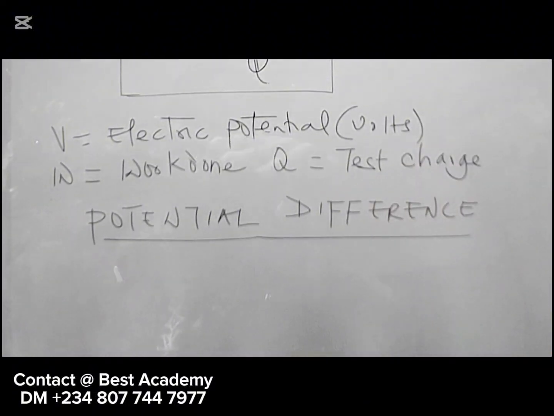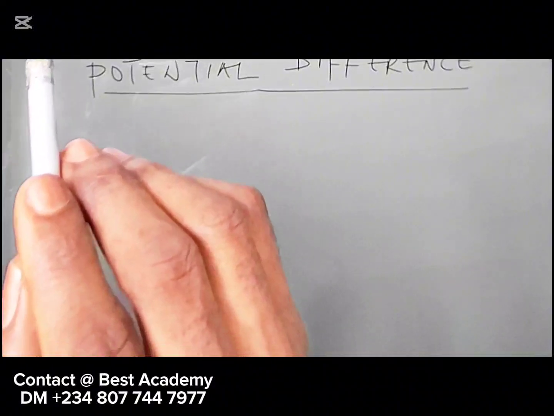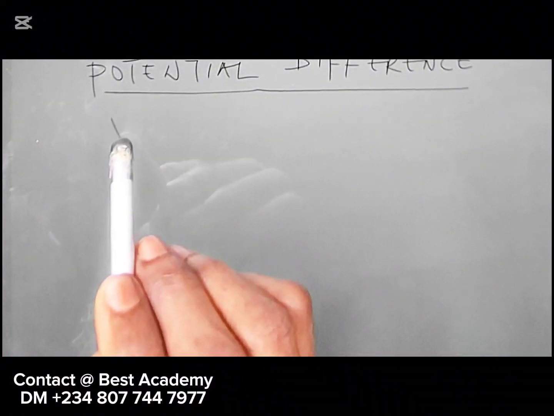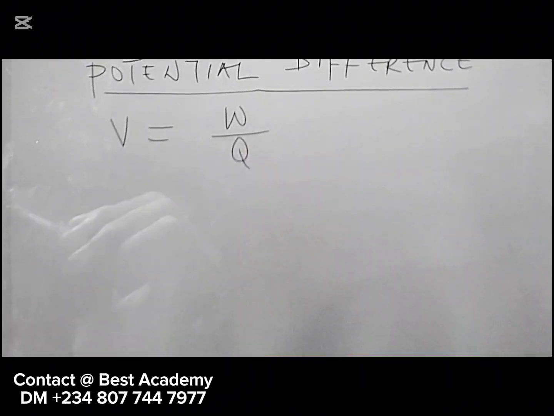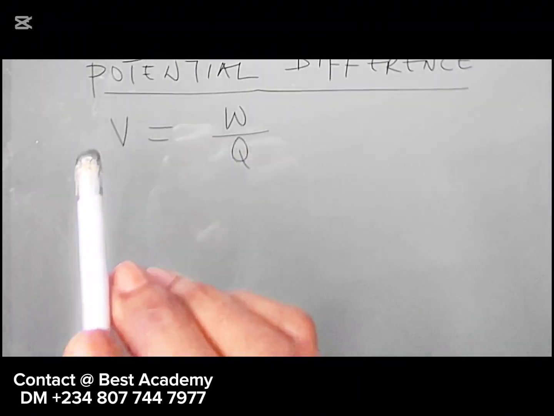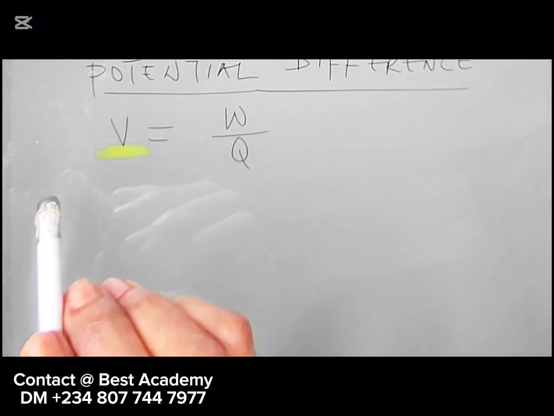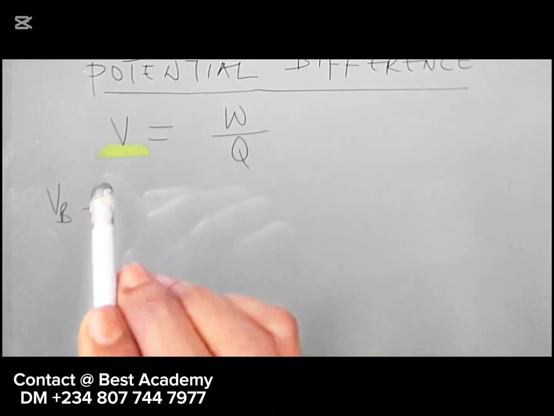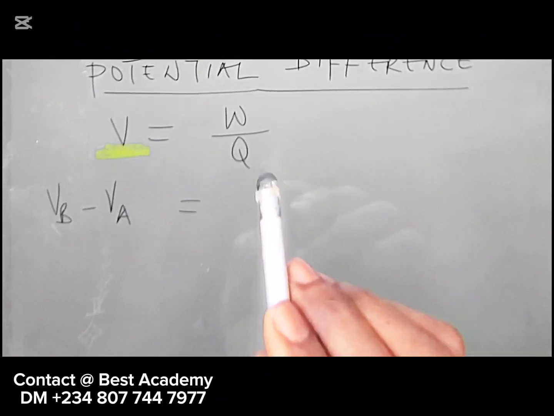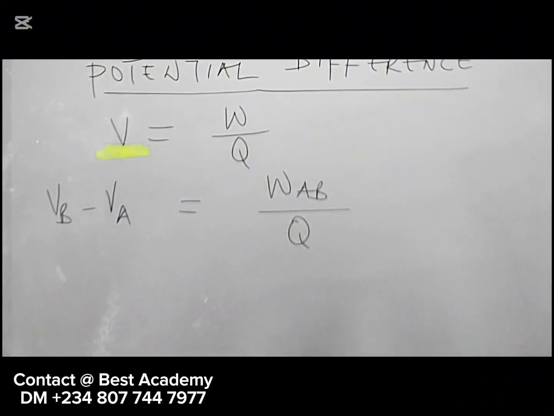If I have electric potential V equal to W over Q, and I want to represent potential difference, that means I will have two points. The difference will be VB minus VA, equal to the work done from A to B over Q.